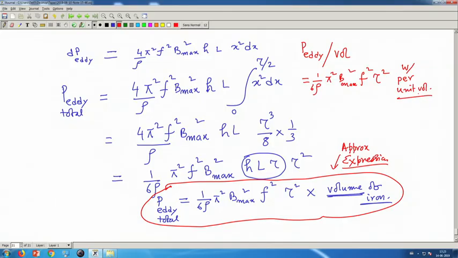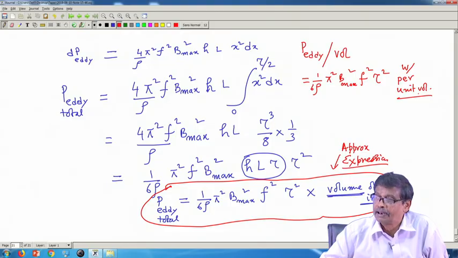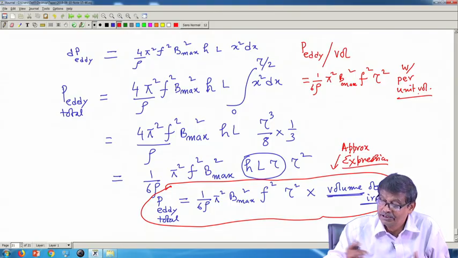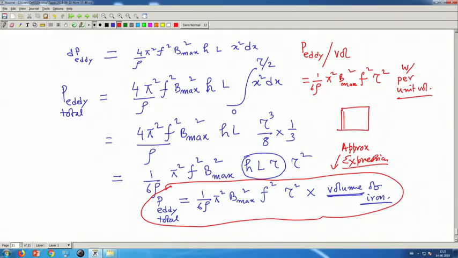And we say that then eddy current loss will be proportional to the square of the thickness of the plate. The argument was, if you use a solid block of iron, eddy current loss is bound to be more, so many eddy paths.